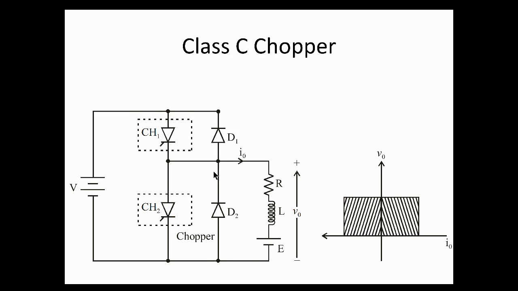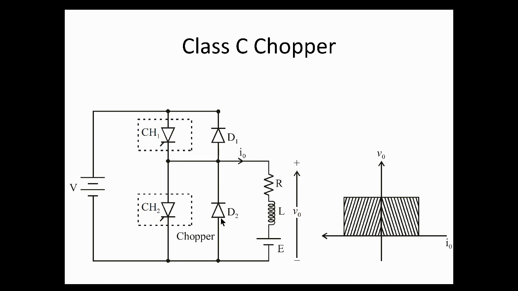So the current will flow in the positive direction when chopper 2 is triggered, and the voltage E forces current to flow in the opposite direction through L. At that point, your output voltage goes to 0.